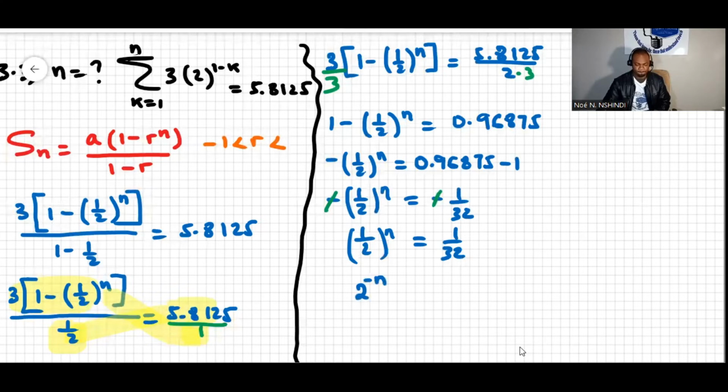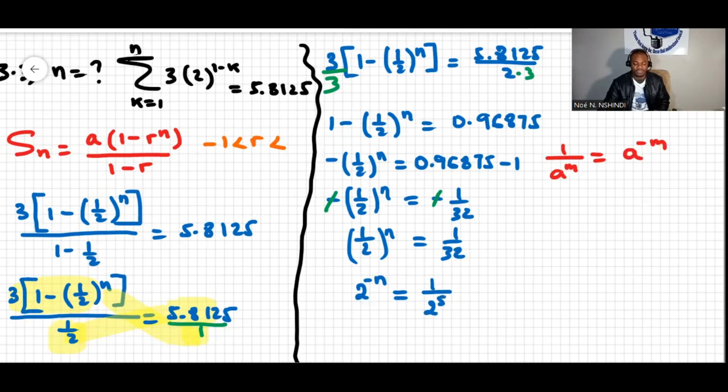Remember the law of exponents that says 1 over a to the m equals a to the negative m. That's why I write here 2 to the negative n, and then 1 over 32. 32 can be written in terms of its prime factors. I know this is equal to 2 to the power 5.